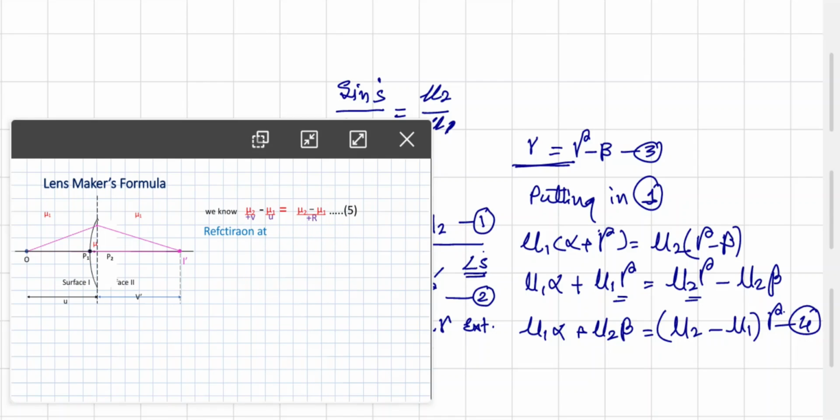Using this, refraction at surface 1 is mu2 upon v dash, because here the actual distance we are considering is v dash, minus mu1 upon u is equal to mu2 minus mu1 upon r1. Remember that r1 is the radius of curvature of this first surface.